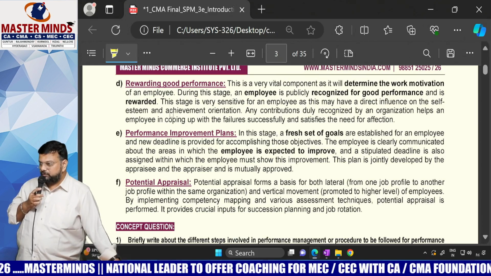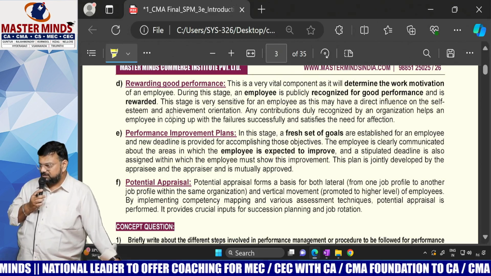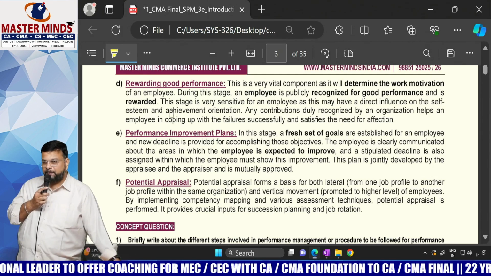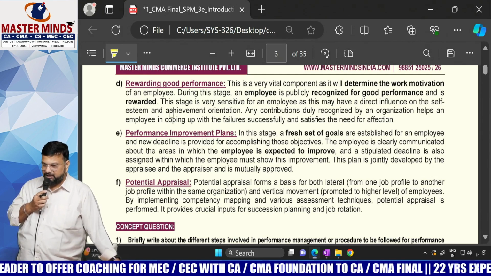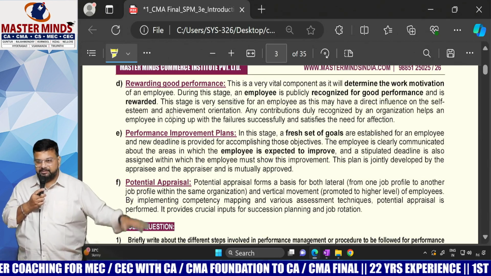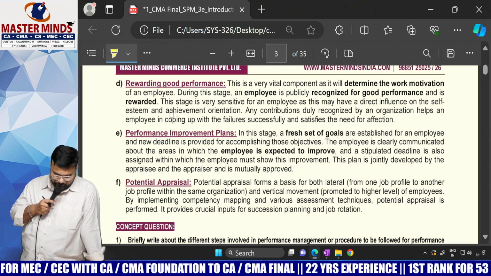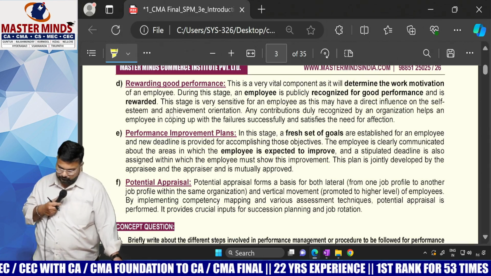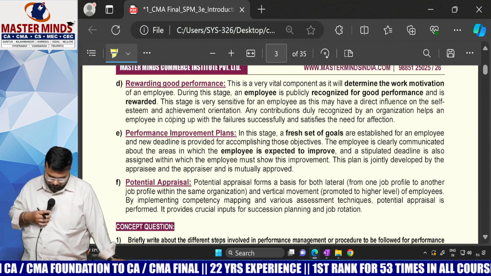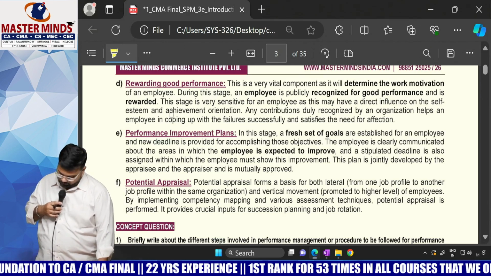You will motivate yourself to perform even better in the coming examination. Same will happen in the organizations also. When you are recognized publicly and rewarded publicly, definitely you yourself have set a standard. You try to work more and much better in future. Next, any contribution duly recognized by an organization helps an employee in coping up with failure successfully and satisfy the needs for affection.